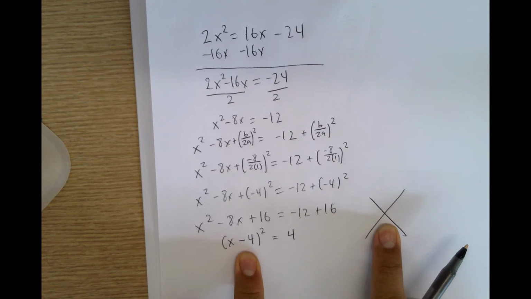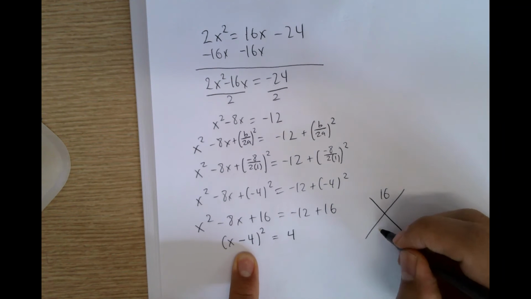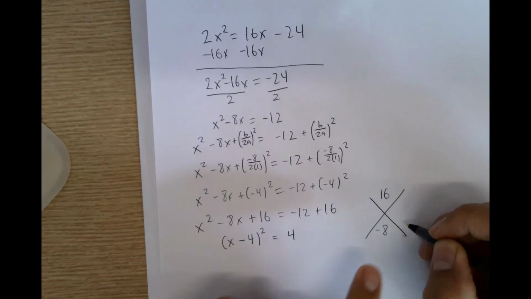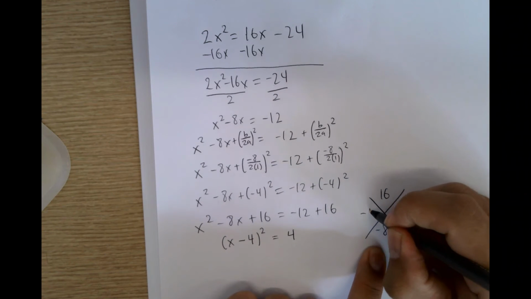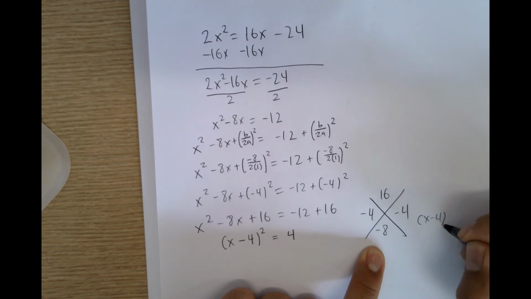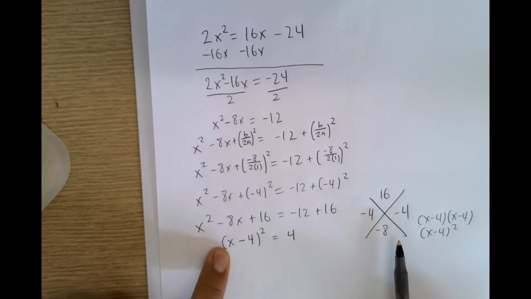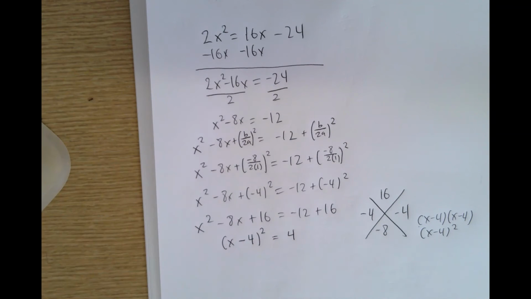Technically, what you're doing is saying they have to multiply to 16 and add up to negative 8, and so the factors are negative 4 and negative 4, which is x minus 4 times x minus 4, which is the same thing as saying x minus 4 squared. So you're really just converting it from x squared minus 8x plus 16 into x minus 4 squared.